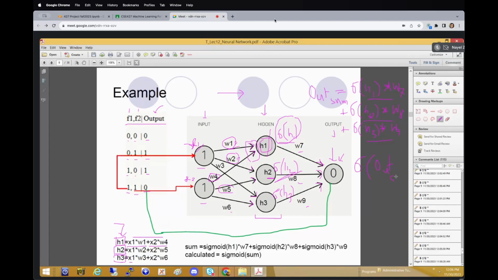We want to pass this one to find out the predicted results.